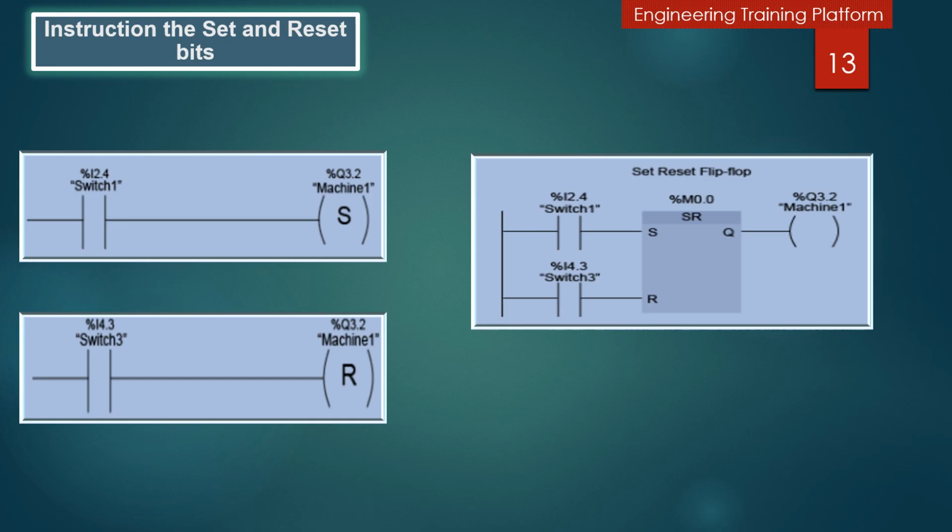In the example shown, note that a bit memory address is used as an operand. Using a bit memory address rather than an input I or output Q operand avoids the problem of picking two operands that could otherwise be used by the PLC input-output modules.